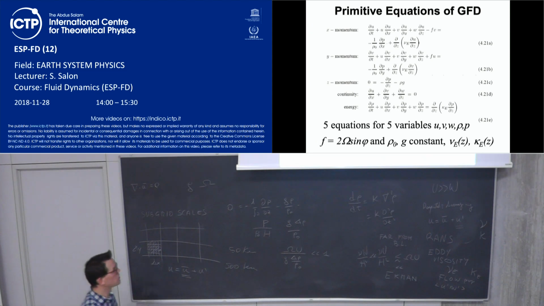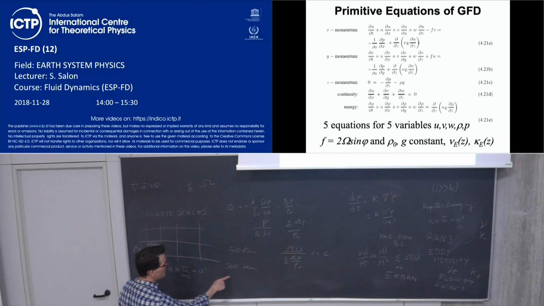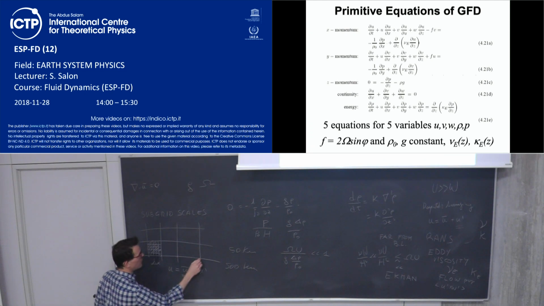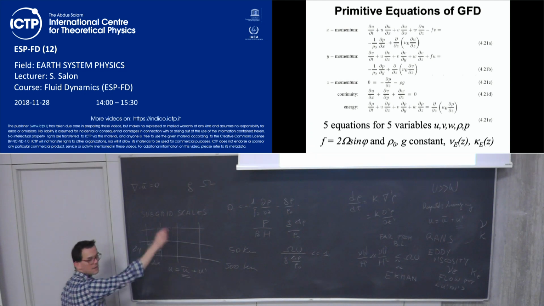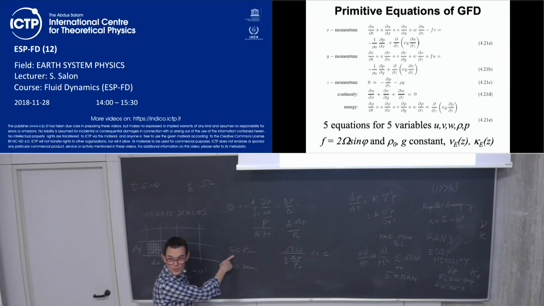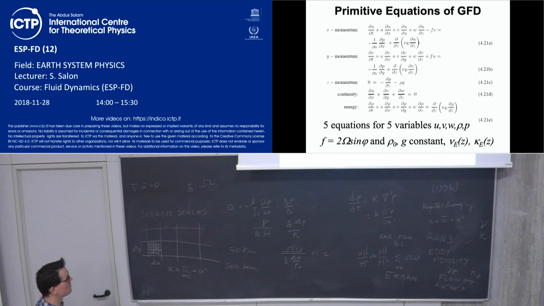If this delta x is 100 kilometers, I have 5 points to represent, for example, one cyclone. In the ocean it is much more difficult because you need 1 order of magnitude more.